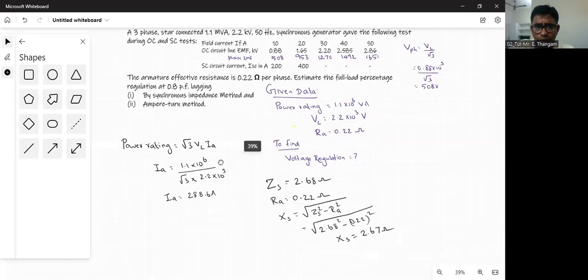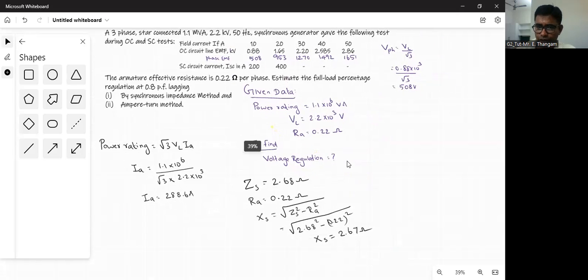So our primary objective is to calculate the voltage regulation. The formula for percentage voltage regulation is E phase minus V phase, divided by V phase, into 100. So this is the formula to calculate voltage regulation.